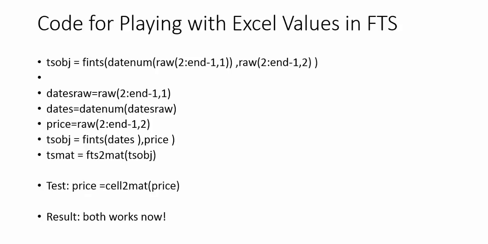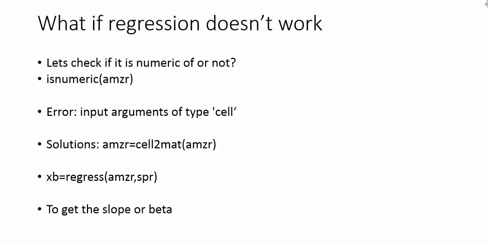We'll look at what cell arrays are, but if you remember, a cell array is like an array made up of arrays, so we cannot perform a plus on that. So we'll use cell to matrix, the command on the second last line here.